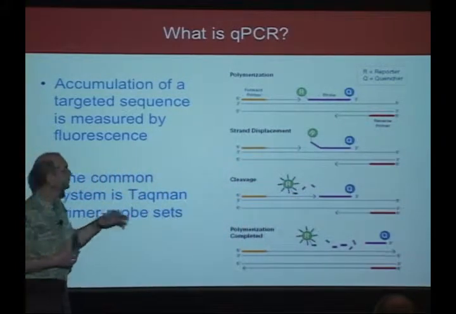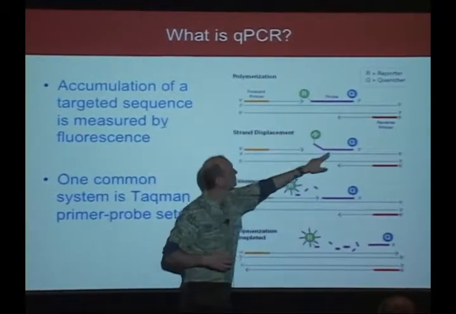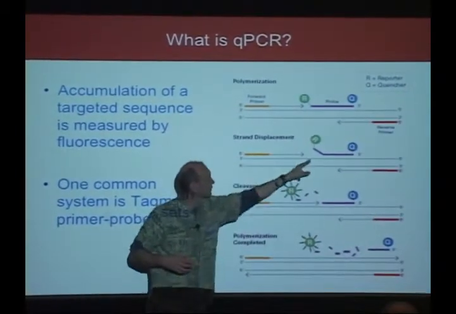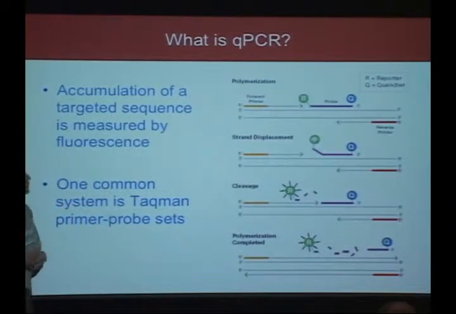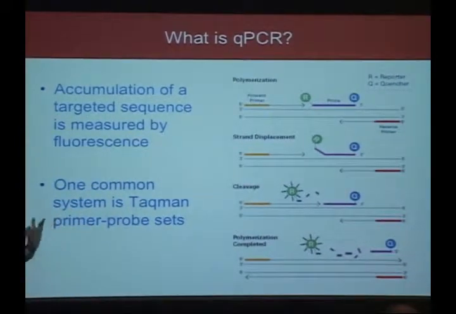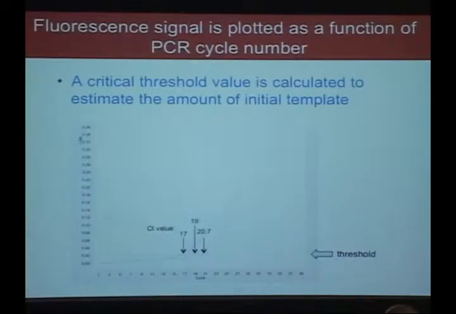And so as the probe, which is specific for the target sequence, gets displaced from the target sequence, then the link between the reporter and the quencher is degraded, and you get fluorescence, and that is a one-for-one kind of readout. You get one fluorescent molecule for each strand that is amplified. Okay, so that's the way the system kind of works.